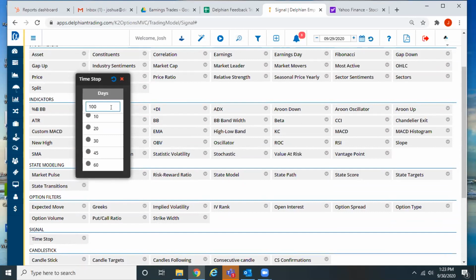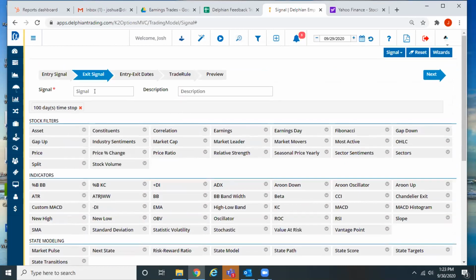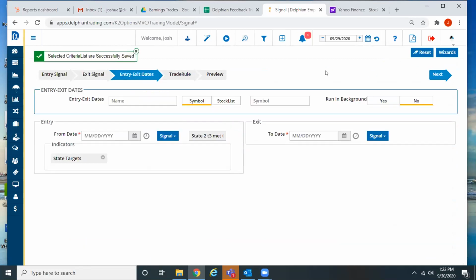Or you can put other indicators in there, but I just use these time stops all the time. So that's our entry and exit, and they should populate down here.